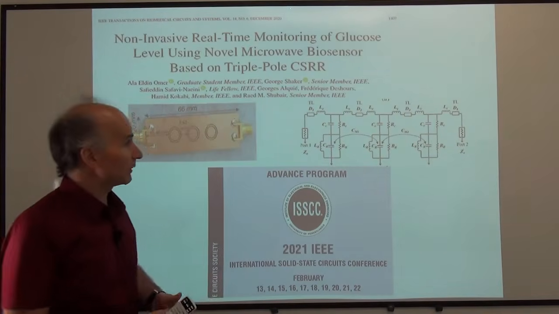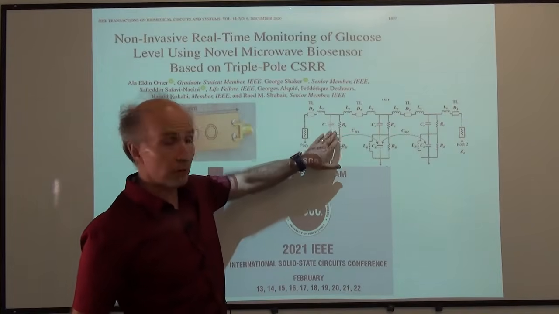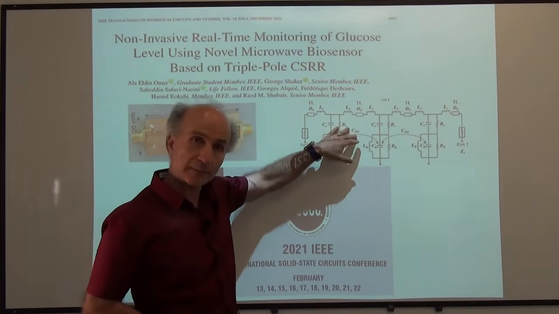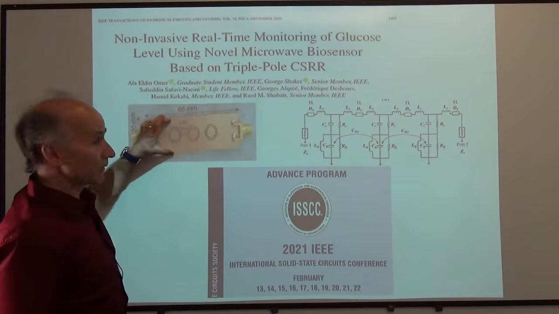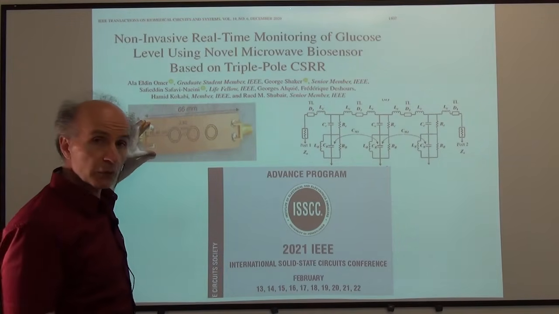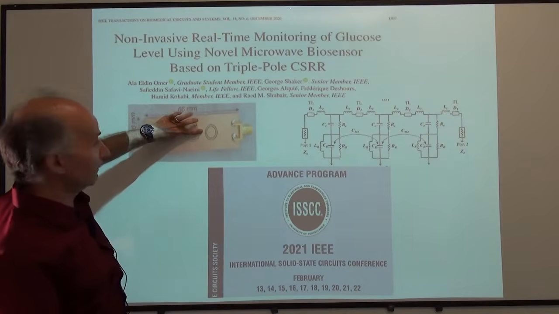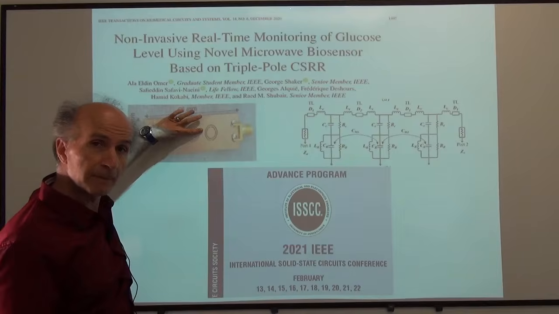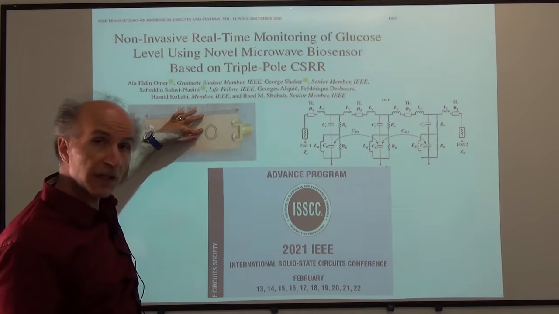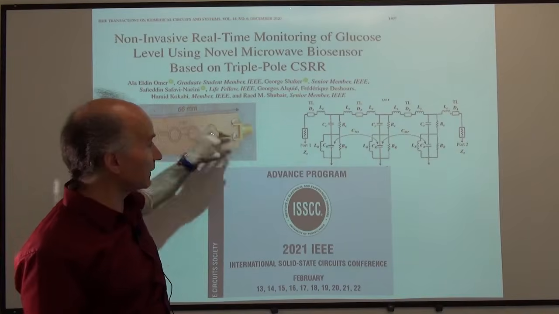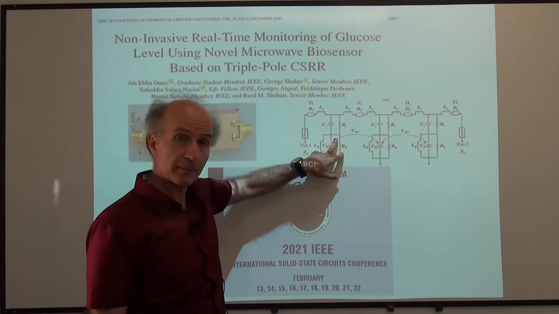And they have created this circuit, which you can see consists of a bunch of inductors and capacitors and resistors. And these are built on this printed circuit board. So to measure the glucose in my blood, I will place my finger on top of this printed circuit board, and the level of glucose in my blood changes the values of some of these components, in particular some of these capacitors.